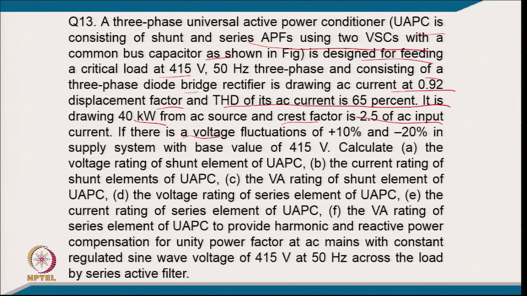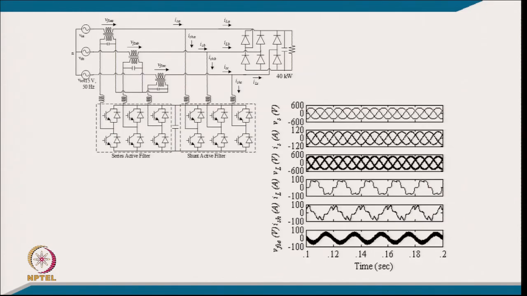If there are voltage fluctuations of plus 10% and minus 20% in the supply system with a base value of 415 volt, calculate: A, the voltage rating of the shunt element of the universal active power filter; B, the current rating of the shunt element; C, the VA rating of the shunt active filter; and the voltage rating, current rating, and VA rating of the series active filter, to provide harmonics and reactive power compensation for unity power factor at the mains, and a constant regulated sine wave of 415 volt at 50 hertz across the load by the series active filter.